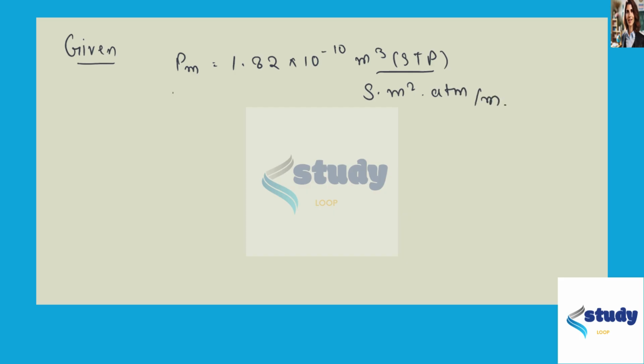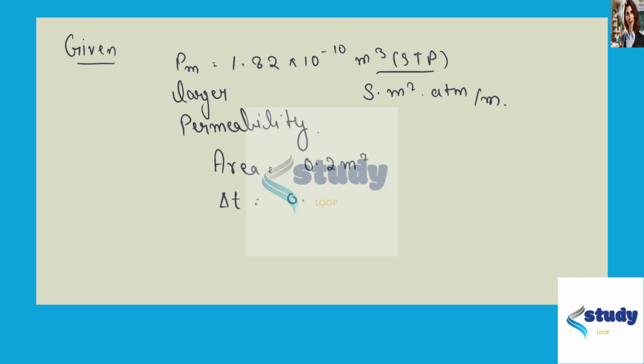So this is our value of the permeability. Now the area is given, that is equal to 0.2 meter square, and the thickness, that is our delta T, is equal to 0.1 millimeter. So we can write in meter, that is equal to 0.1 into 10 to the power minus 3 meter.